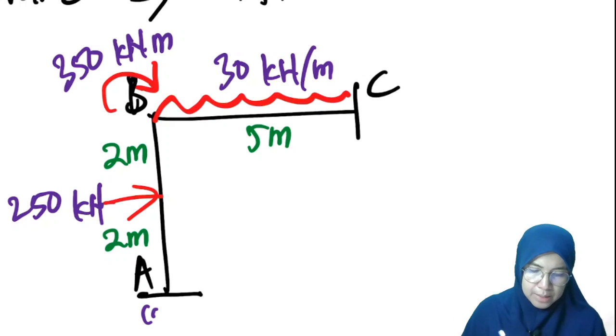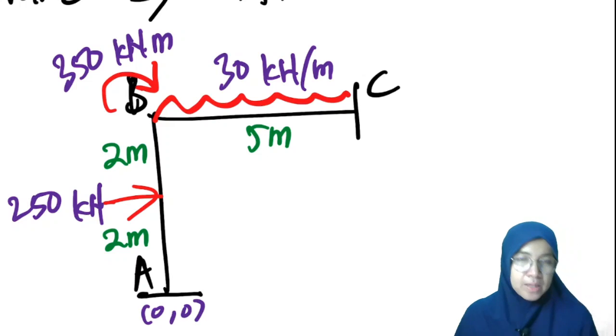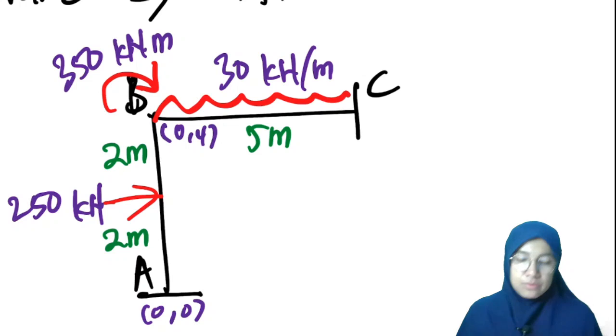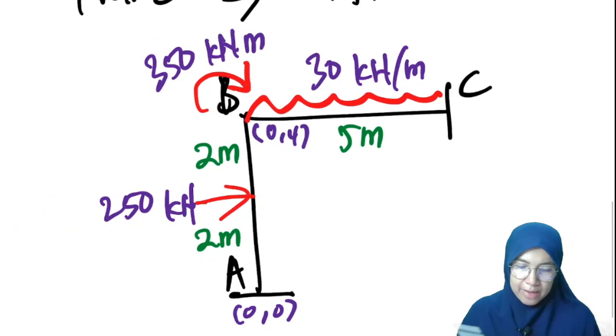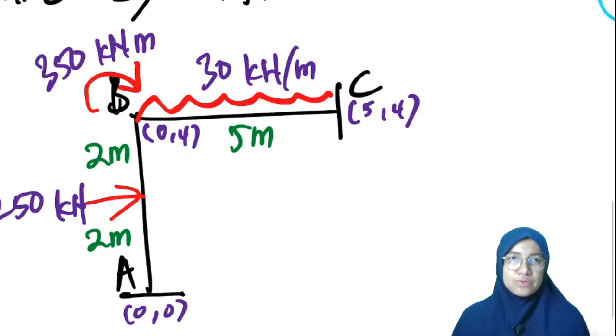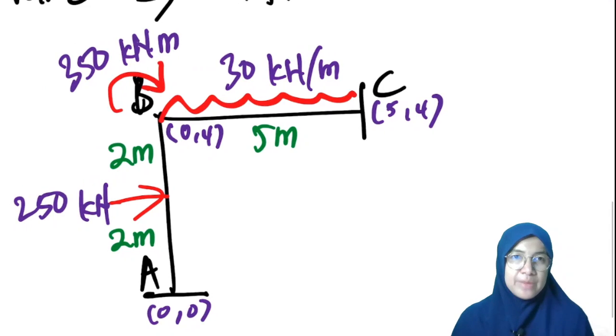At A it is 0, 0. At B is 0, 4. And at C we have 5, 4. This is the frame that we are going to analyze.